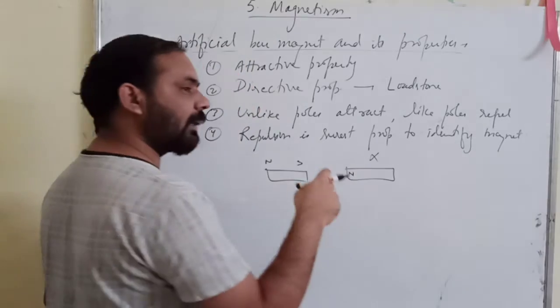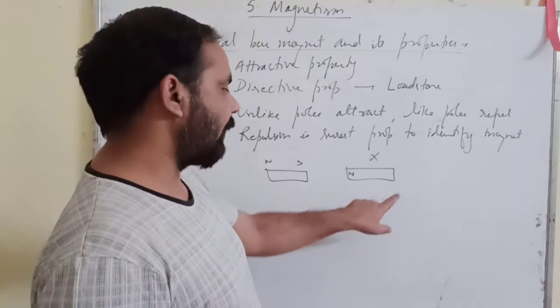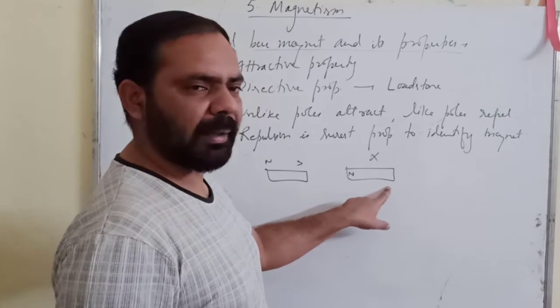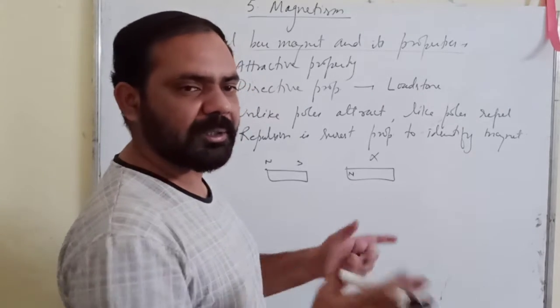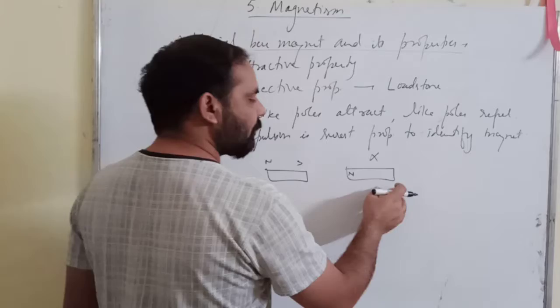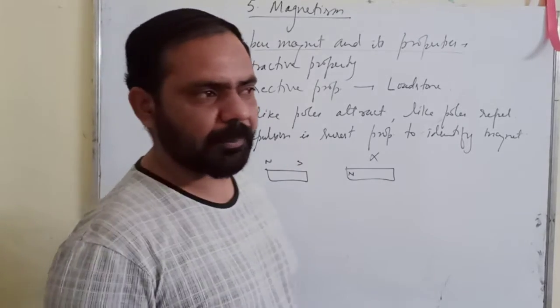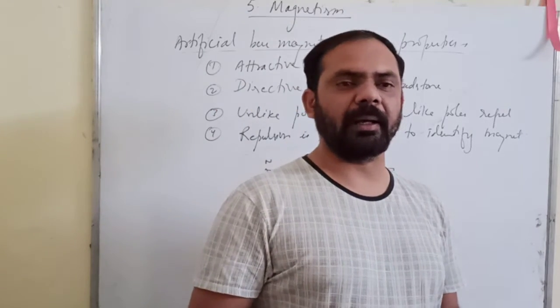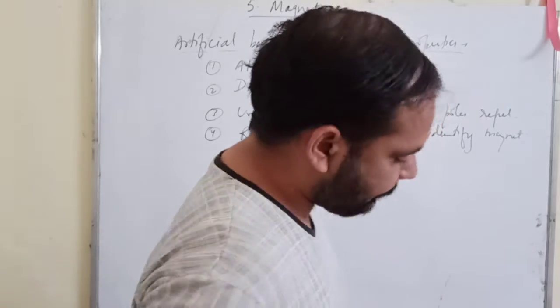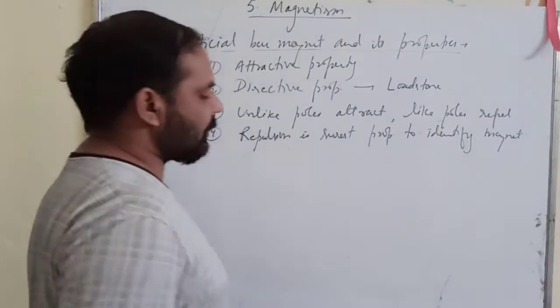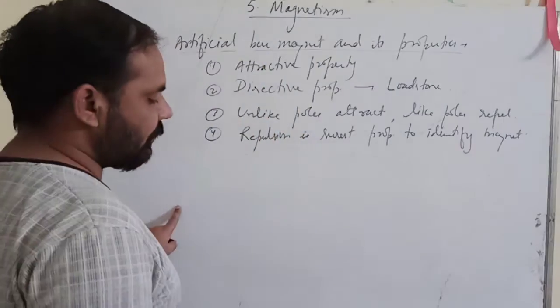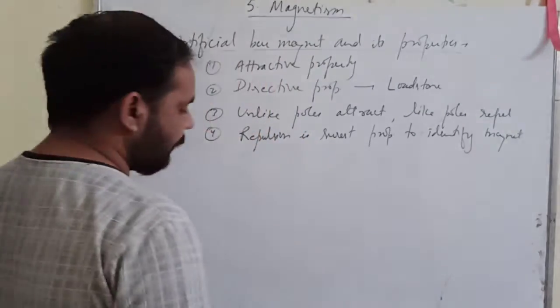If the other end gets repelled, then this is a bar magnet. If repulsion does not take place, and you get attraction on both sides, then it can be a piece of simple iron or steel. So repulsion is the surest property to identify a magnet.